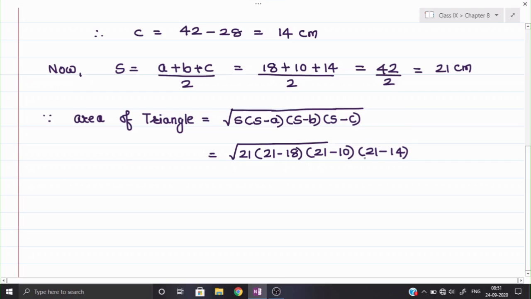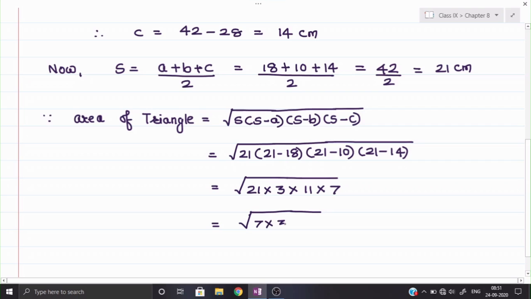Okay, so now further, let us simplify. 21 I am keeping as it is for some time. 21 minus 18 is 3. 21 minus 10 is 11, and 21 minus 14 is 7. Okay, here now we shall try to make pairs. 21 I can write as 7 into 3, then the 3 is coming, I am keeping it as it is, then 11 and then again 7.